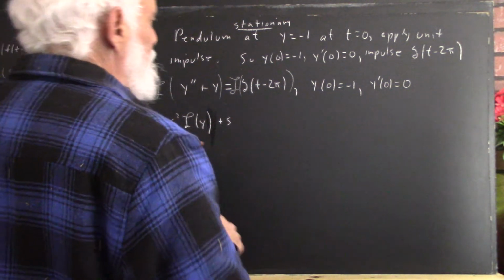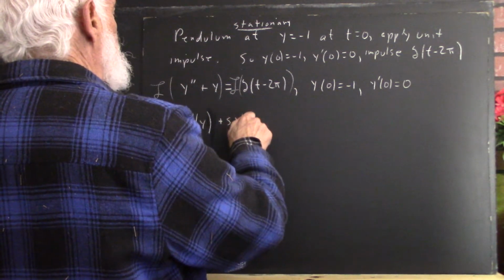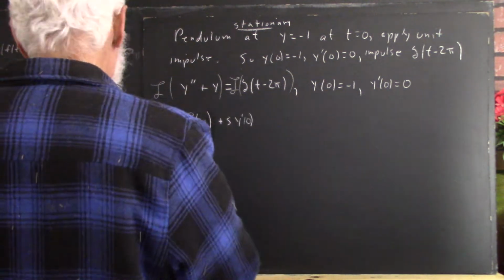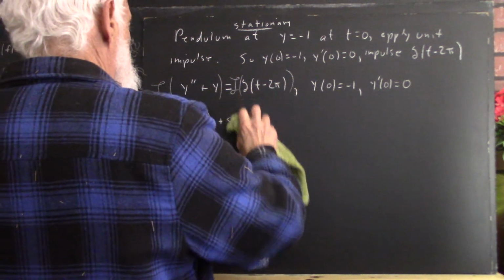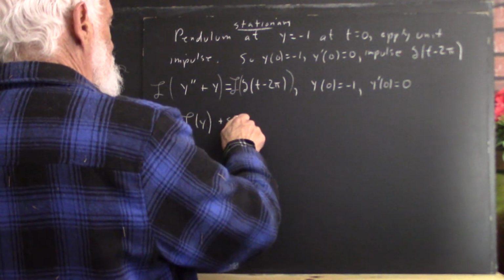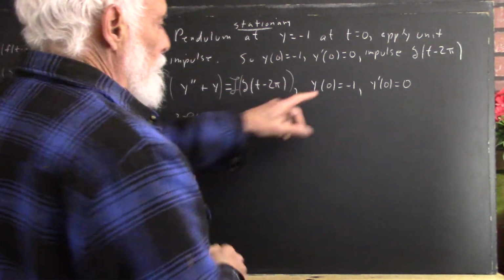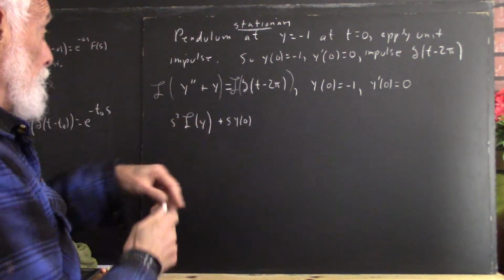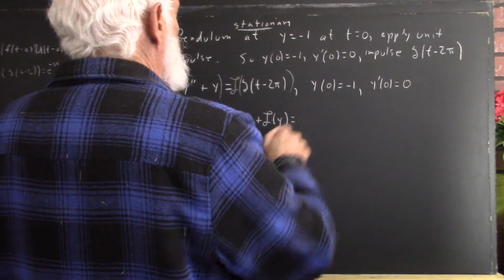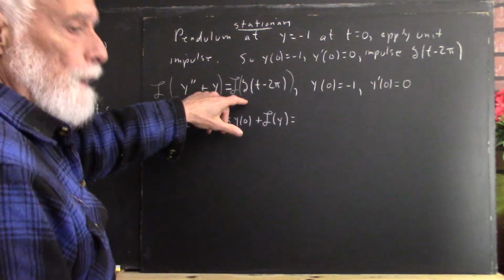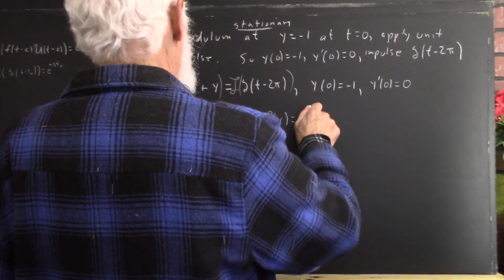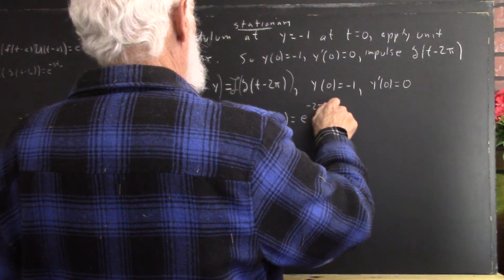It's s y of 0, and y of 0, of course, is -1, so that's going to make this negative s. Then the Laplace transform of the delta function is just e to the -2 pi s.